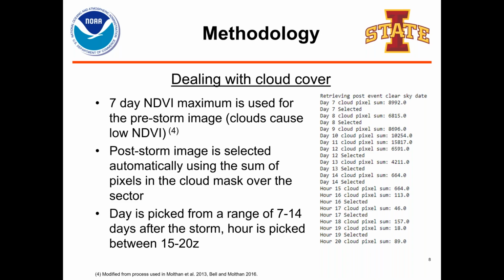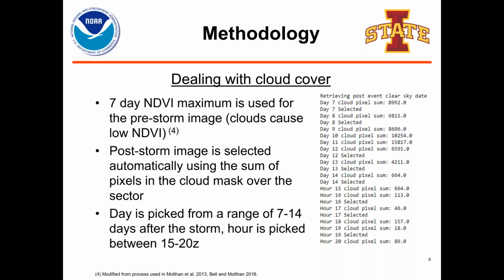That really allows us to eliminate all cloud cover from before the storm happened. Because that's one thing that is a real challenge in making this project possible: how do you deal with all of this cloud cover that is constantly showing up on satellite, because we want to see the ground for this project. So that's how we deal with that pre-storm image.